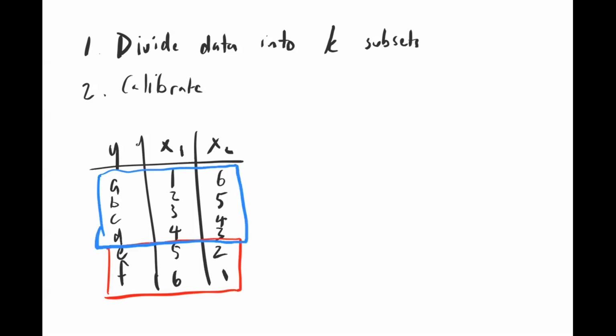So I'm going to run a regression. Y equals beta 1 x1 plus beta 2 x2.